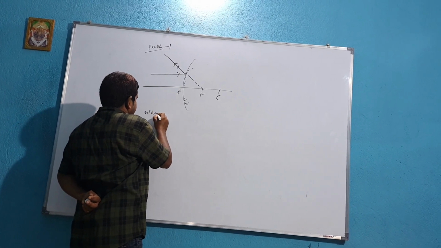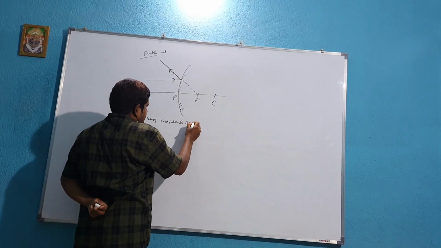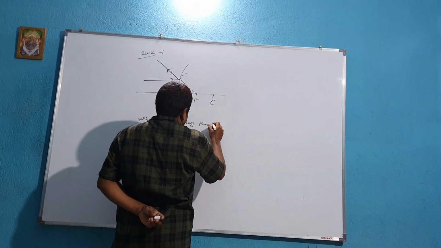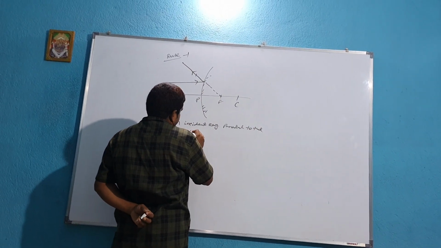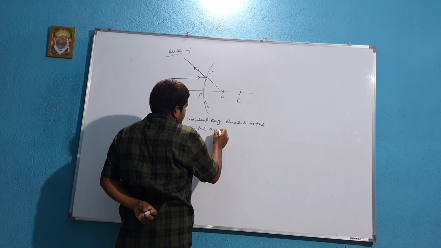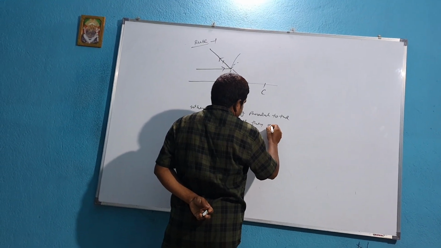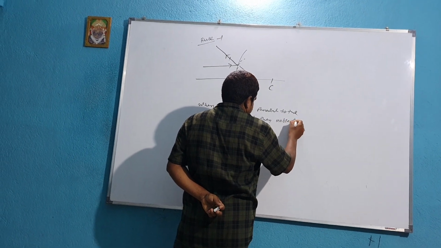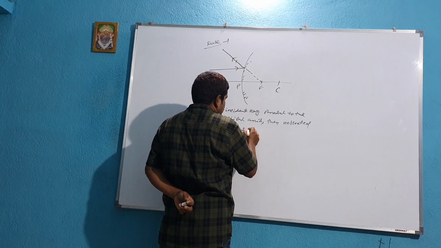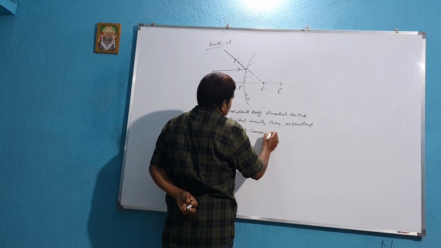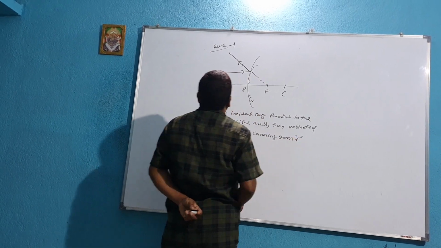When the incident ray is parallel to the principal axis, then the reflected ray appears as coming from F. This is rule 1.